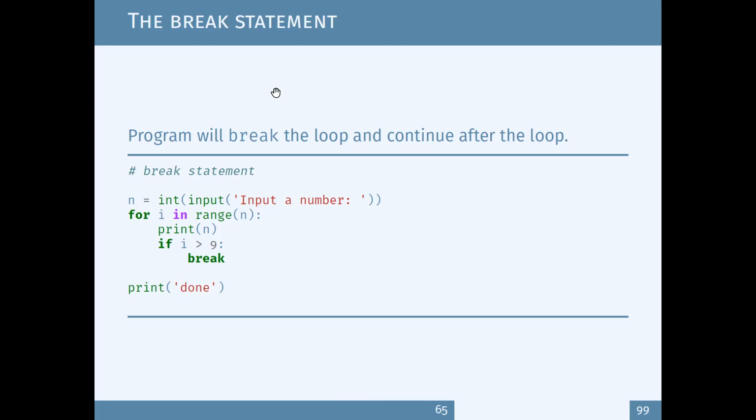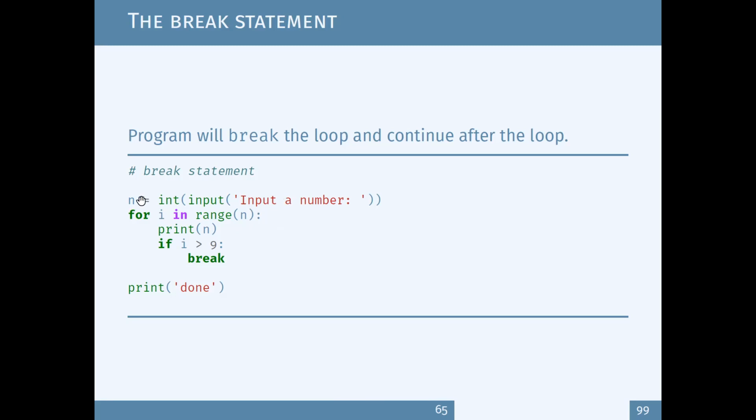Whenever the Python interpreter meets the break statement, it will break the loop and you come out from the loop. For example, in this for loop, it goes for i in range n.